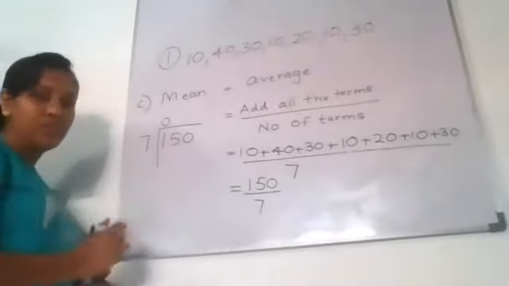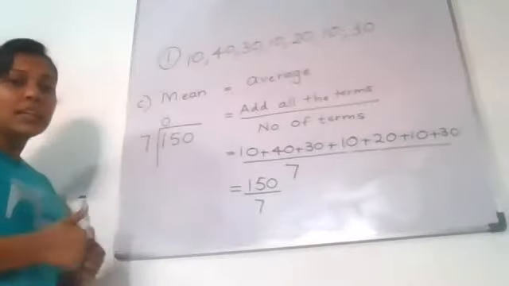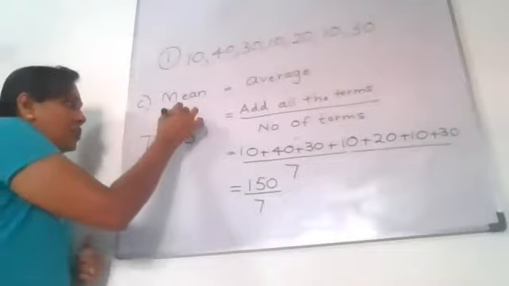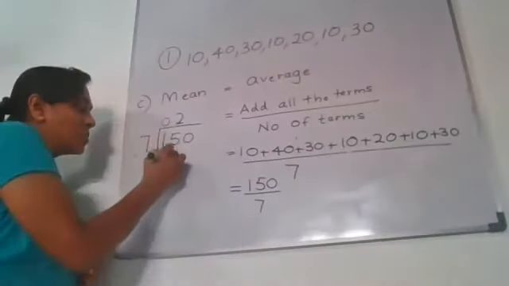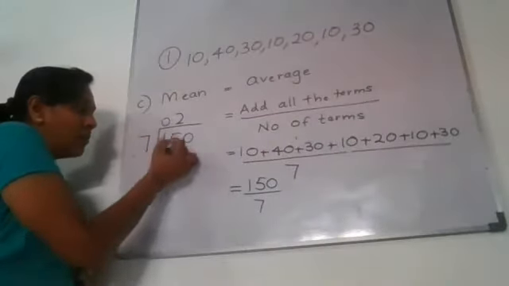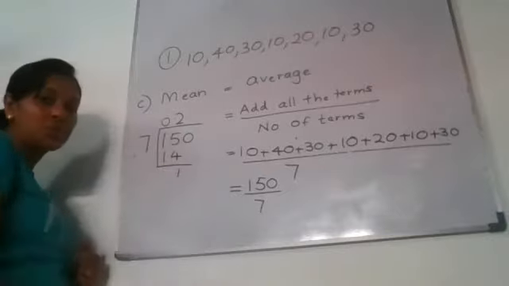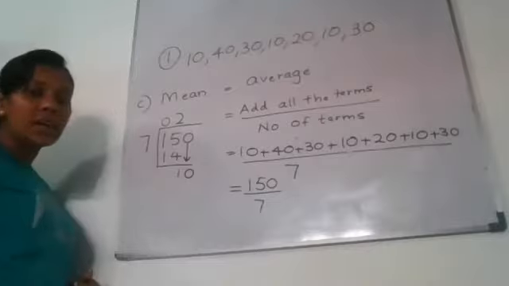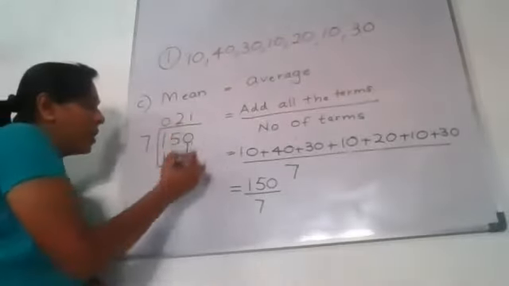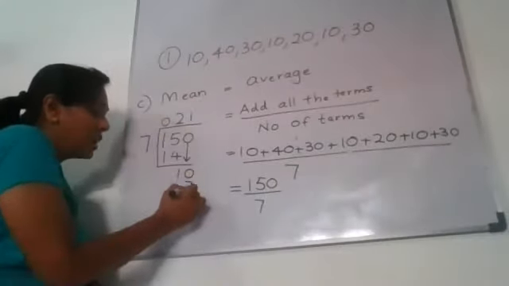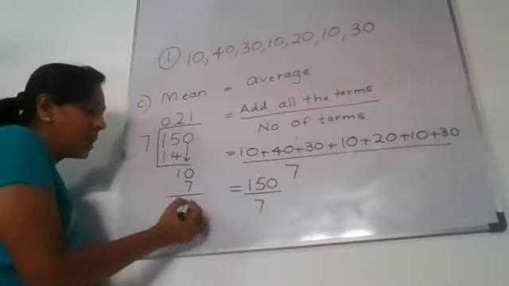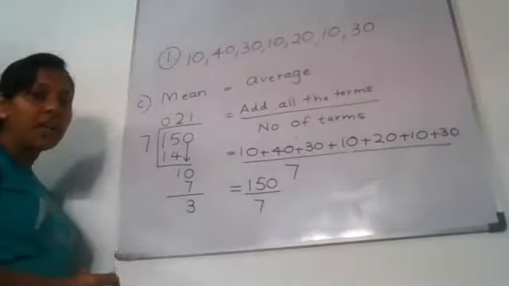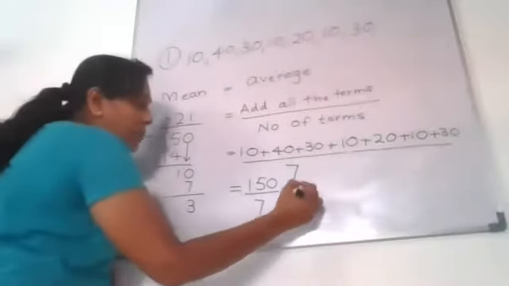Inside 15, from the 7 times table, 7, 14, I have 2. 7 times 2, it's 14. 15 minus 14, it's 1. Now you take this 0 down. Inside 10, you have 1. 7 times 1, it's 7. 10 minus 7, it's 3. So if you want, you can write it as a mixed number like this.